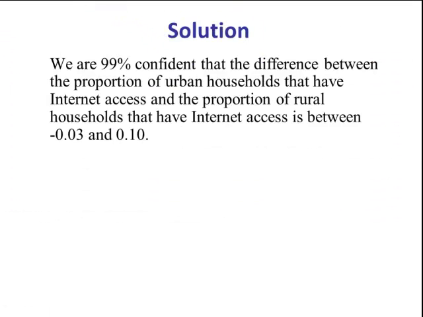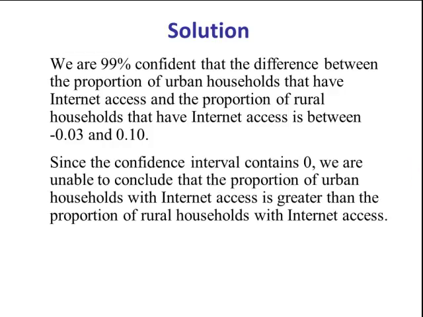So to interpret this, we would say we are 99% confident that the difference between the proportion of urban households that have internet access and the proportion of rural households that have internet access is between negative 0.03 and 0.10.